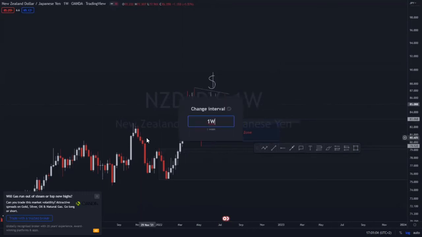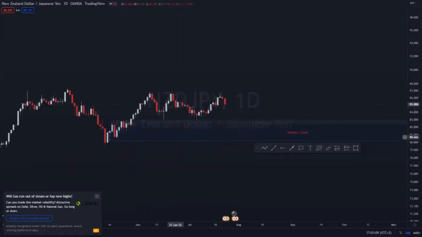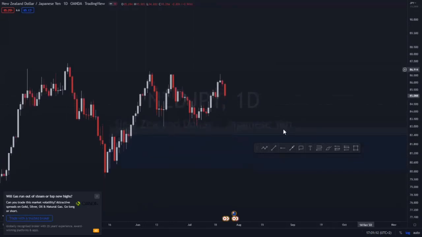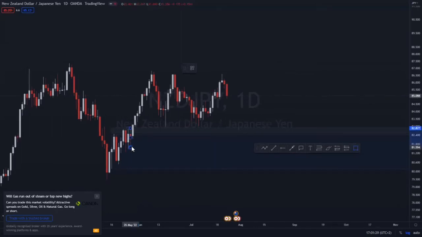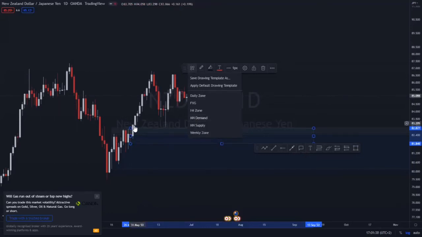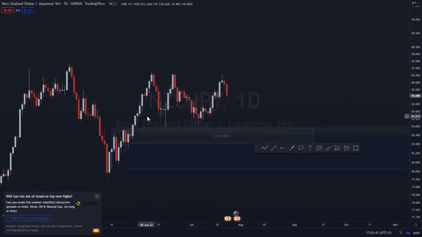Let's go to the daily. All right. Now, as you can see, it looks like the market is trying to head towards this level over here, right? On that fair value gap, we have this daily zone, right? Which is not a high probability zone. Why? Because of the basing candlesticks at the source of the imbalance over here, right? I'm talking about these candlesticks over here.